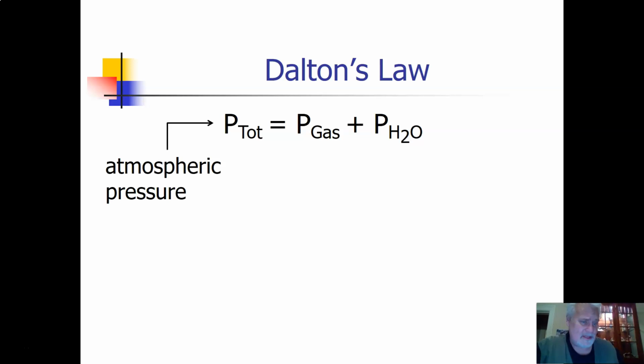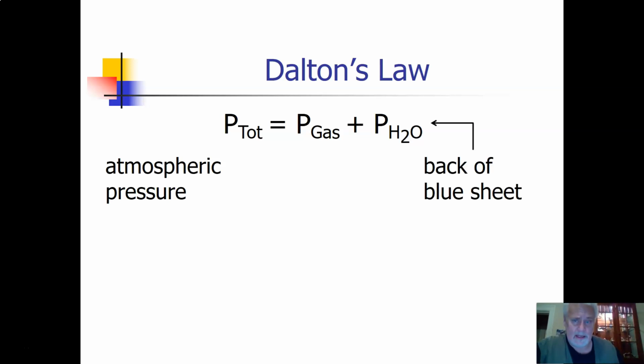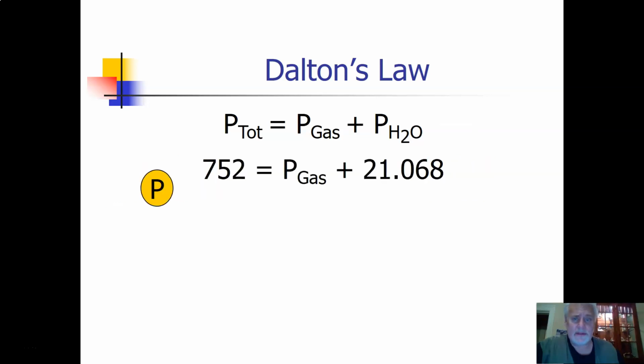So our atmospheric pressure, which is the total pressure, is just going to be something that we put in millimeters of mercury. And the back of the blue sheet, which you've used before with Dalton's law, will have that in millimeters of mercury. So 752, we just looked up on our phone.